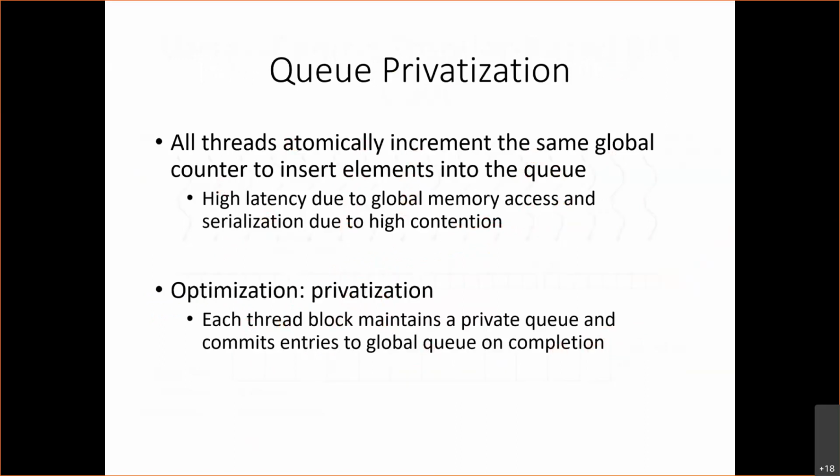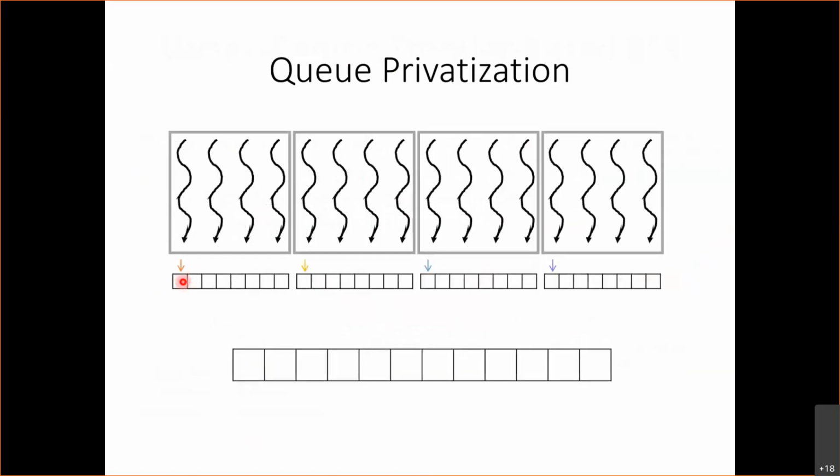So here, each thread block has its own private queue. We can put this queue in shared memory, by the way, to reduce the latency. We can even put the counter for this queue in shared memory, so the threads in each thread block contend on this counter, but it's in shared memory.